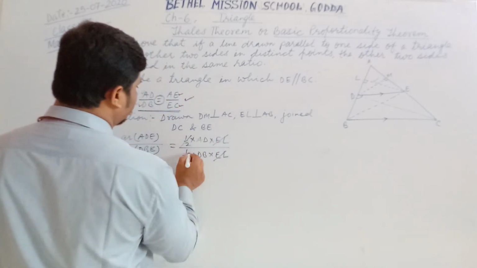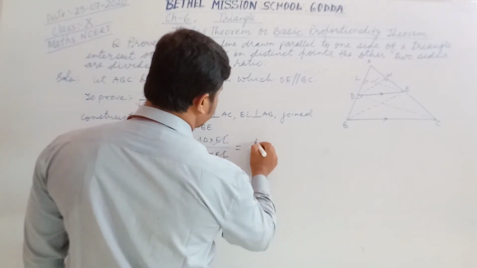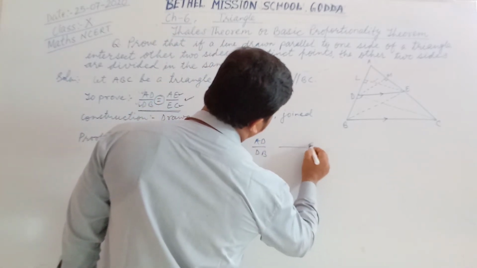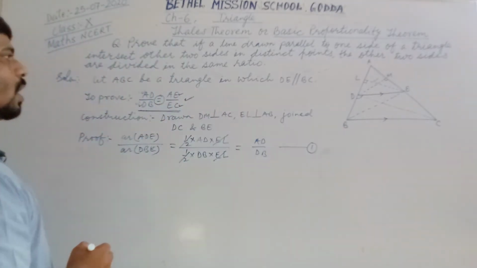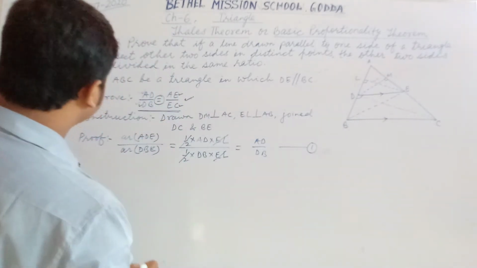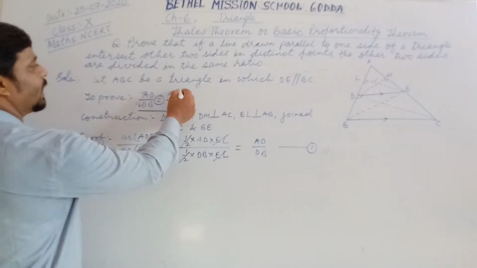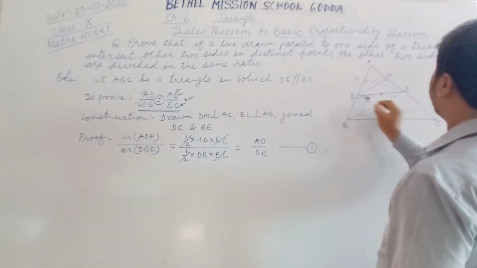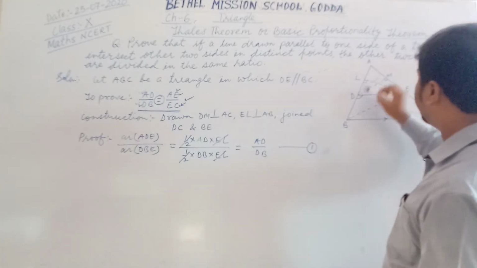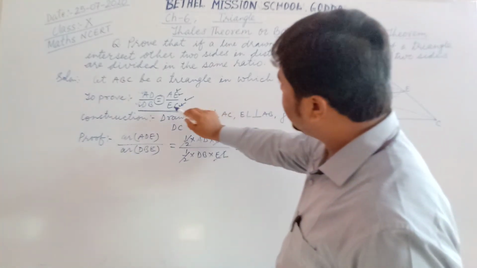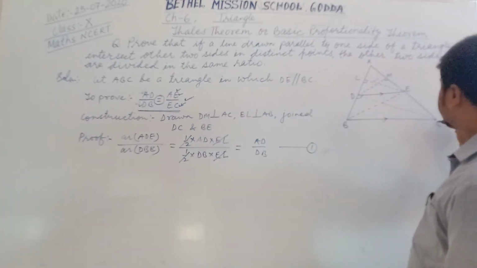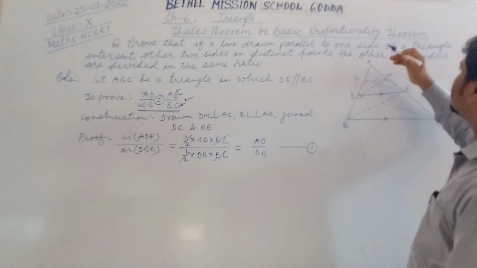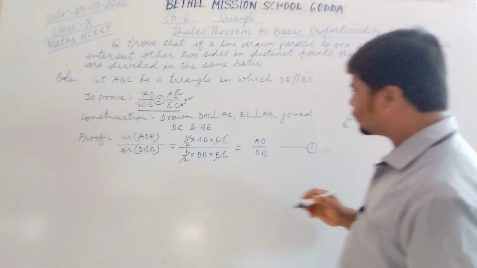EL cancels, half cancels, and the ratio is AD by DB. Suppose this is equation 1. Next, for AE and EC, for AE we can take the same triangle ADE, and for EC, triangle ECD, because both triangles are on the base AC.